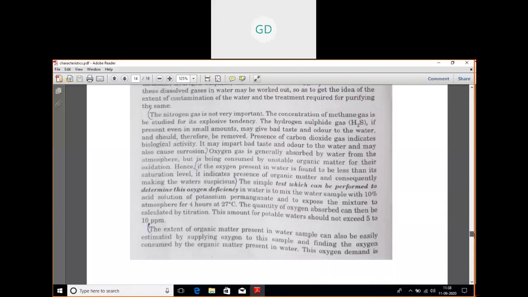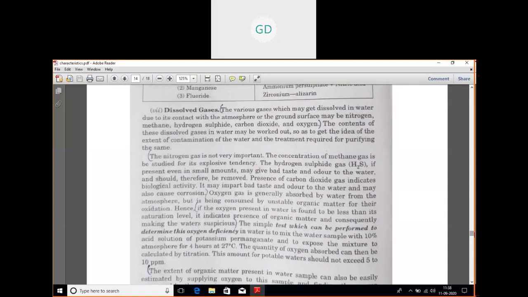Last are the dissolved gases. Some dissolved gases are also present in water. What are those dissolved gases? Nitrogen, methane, hydrogen sulfide, carbon dioxide, and oxygen.